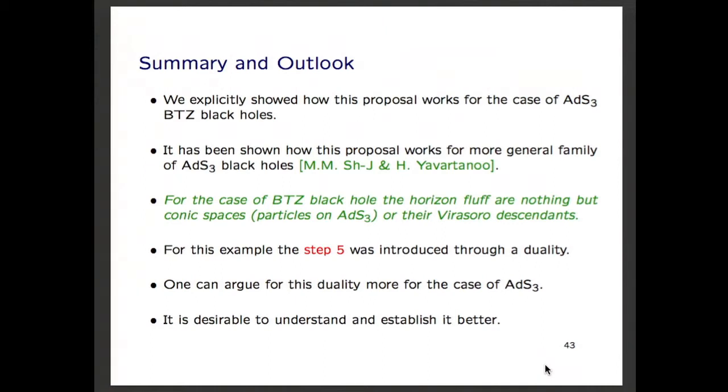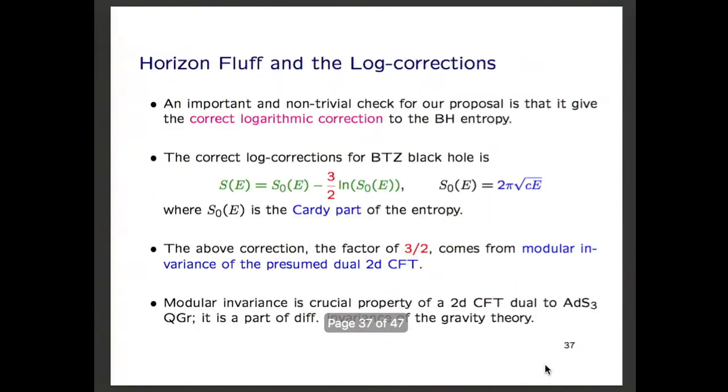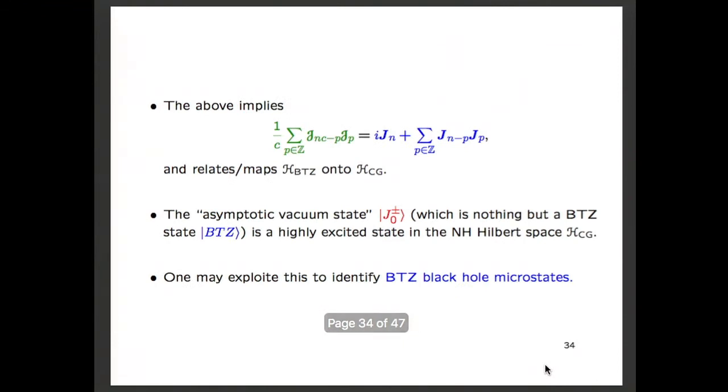And here I introduce, if you want to call it in a strong sense, a duality between these W states or curly J's and these straight J's. It's desirable to understand this better. Obviously, if I have a theory which has Virasoro generators of this form or this form, this equality means that the partition functions of the two theories should already be equal.